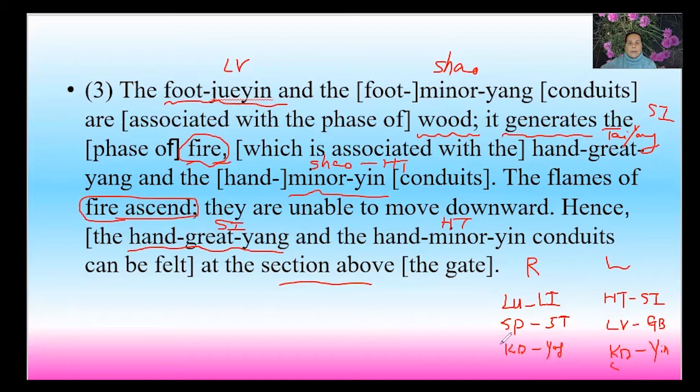So now we're talking about connecting the pulse here. Right now we are not truly talking about the spleen and the stomach. We're talking about the relationship between metal and water.